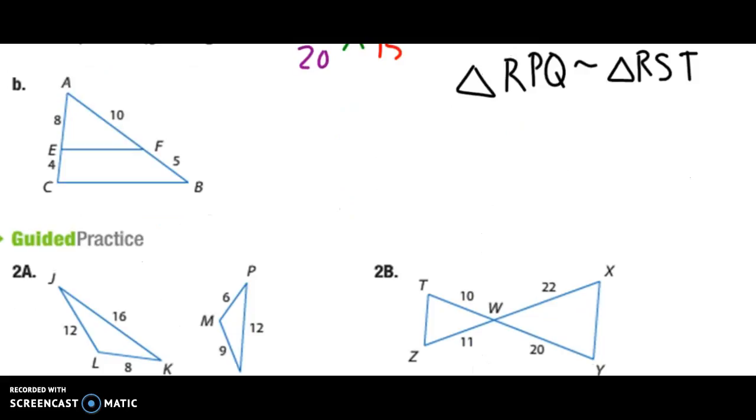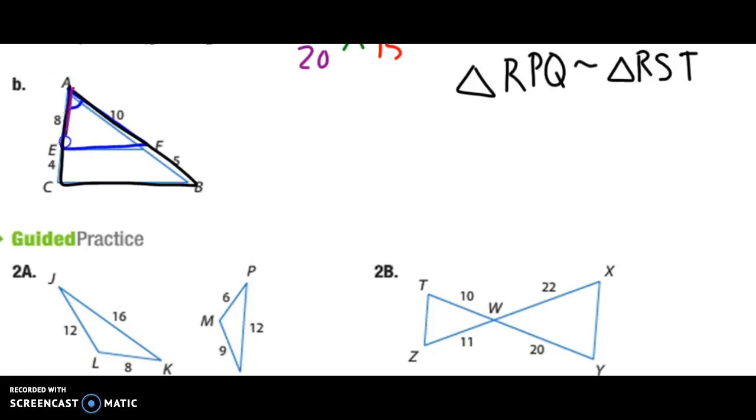All right, let's look at example B. Now, example B is kind of unique in the fact that angle A is both in my smaller triangle and in my bigger triangle. So for sure we know that the angles are going to be congruent because it's the same angle. So the reflexive property would say that they're the same.